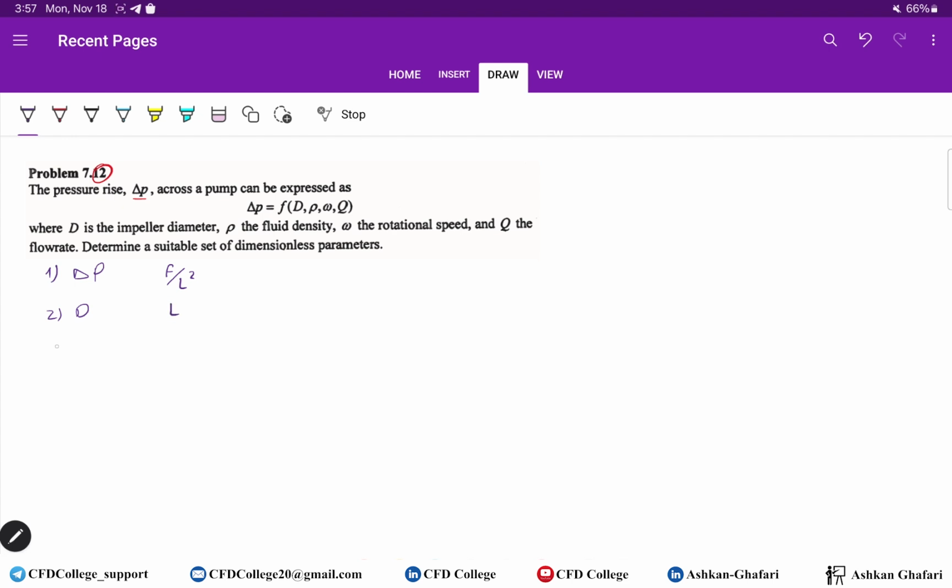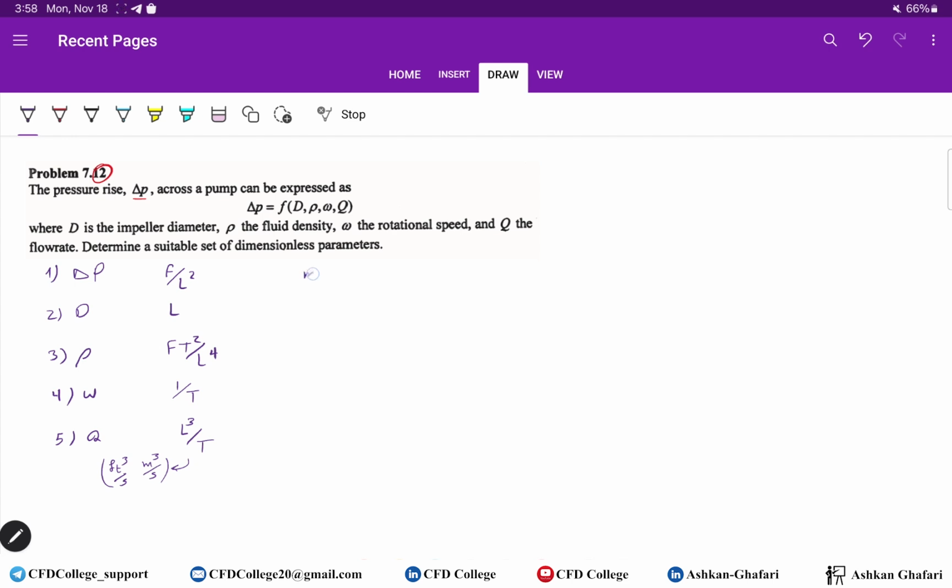Diameter is L. For the density, the unit is F T square over L to the power 4. For omega, it's 1 over T. And for Q, flow rate, the unit is cubic length over time. Actually it represents cubic meter per second or cubic feet per second.